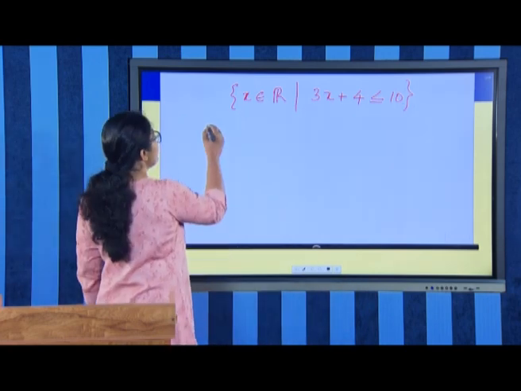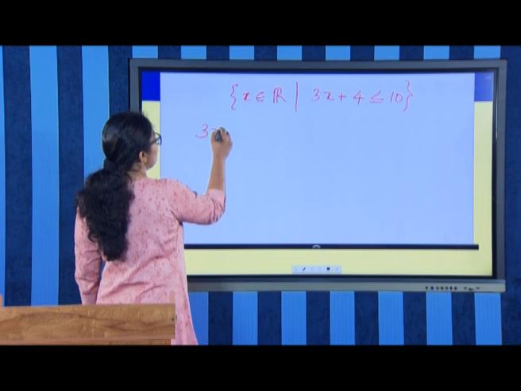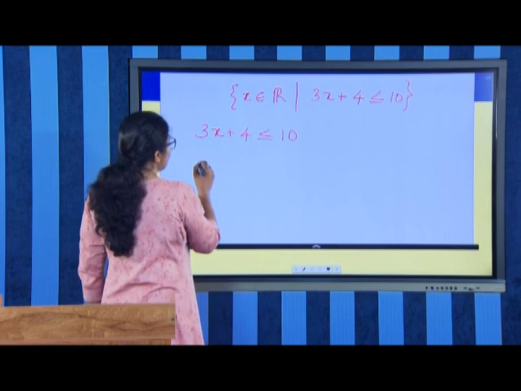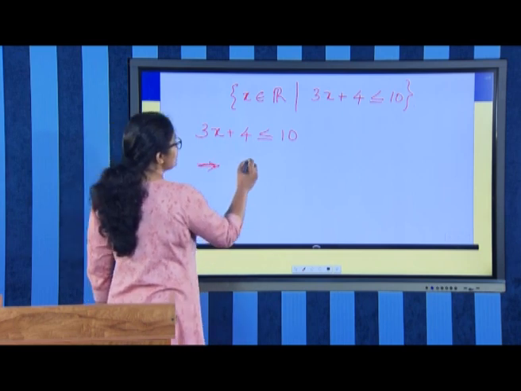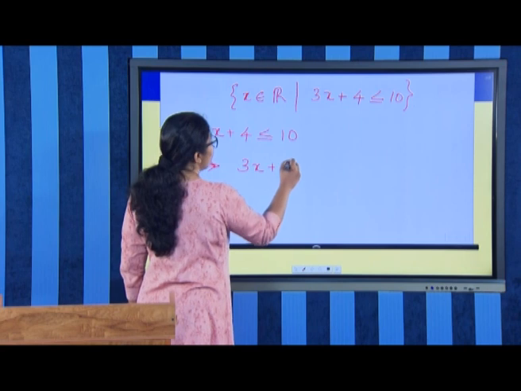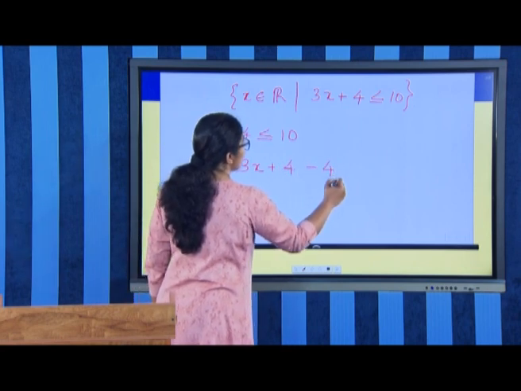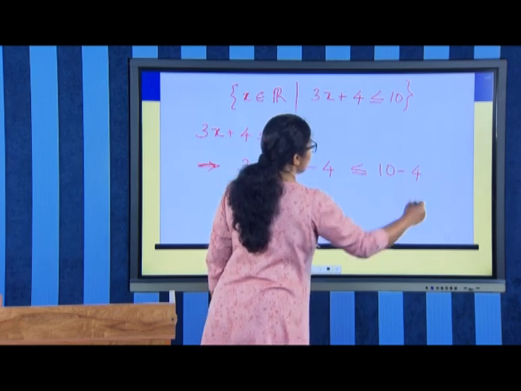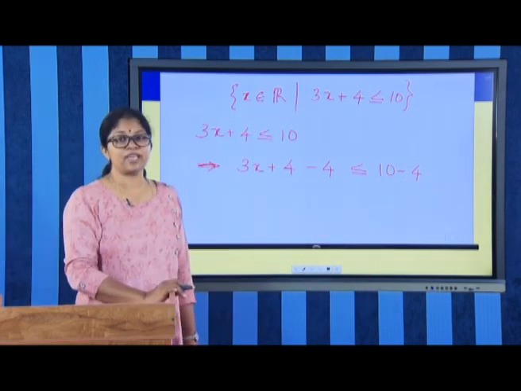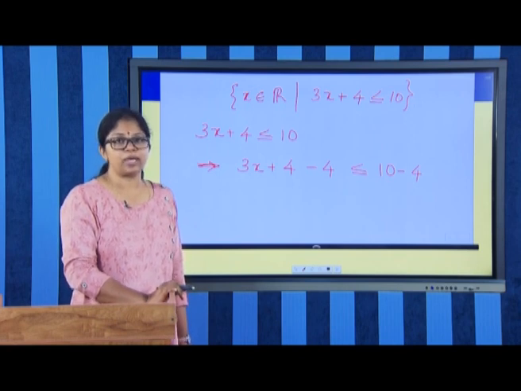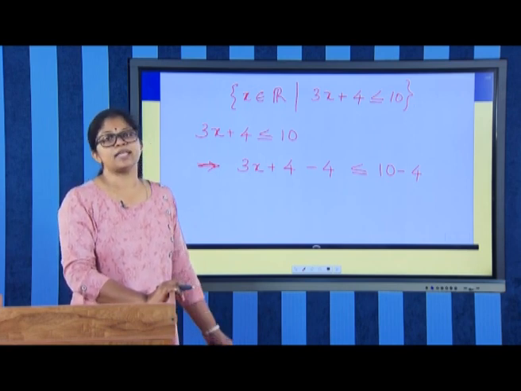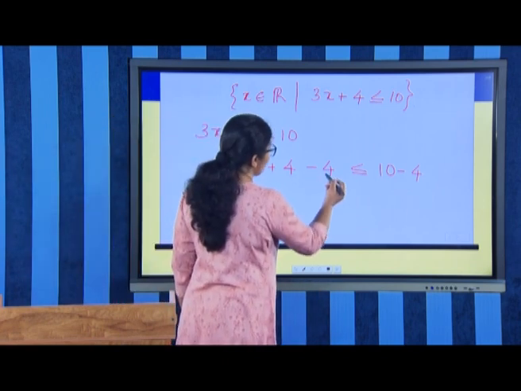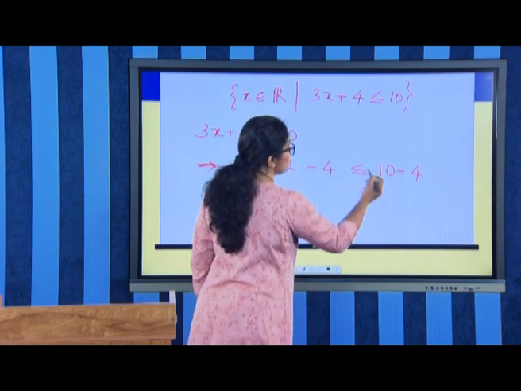So, first we will take the condition given, 3x plus 4 is less than or equal to 10. This can be rewritten as 3x plus 4 minus 4 is less than or equal to 10 minus 4, because we have seen in the previous session, if A is less than or equal to B, A plus C is less than or equal to B plus C. Therefore, we can subtract 4 from both the sides of the inequality.